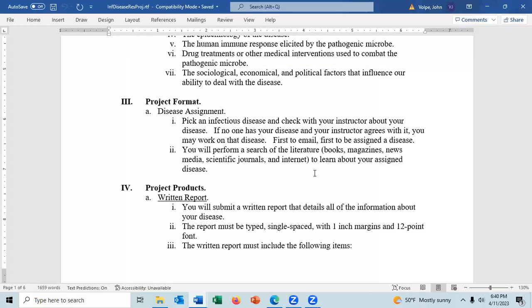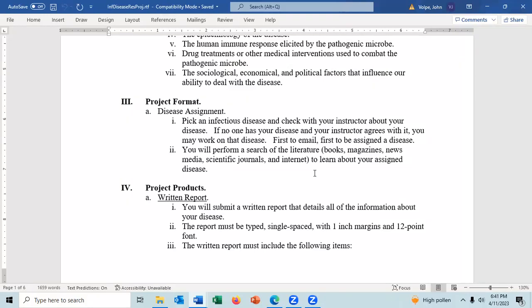Make sure it's a good source. You can initially use Wikipedia, but you cannot use Wikipedia as a reference, because anyone can go into Wikipedia and change what's in it. But you could certainly do your preliminary research using Wikipedia and then use other research to back up your statements. Is that clear?